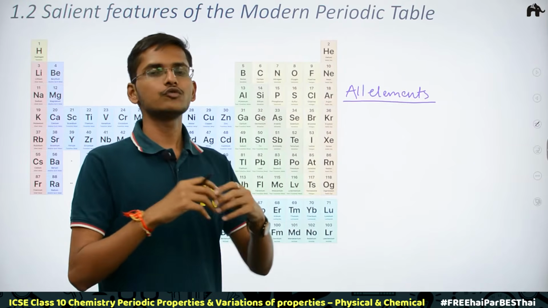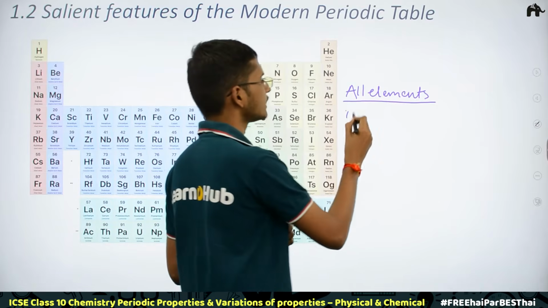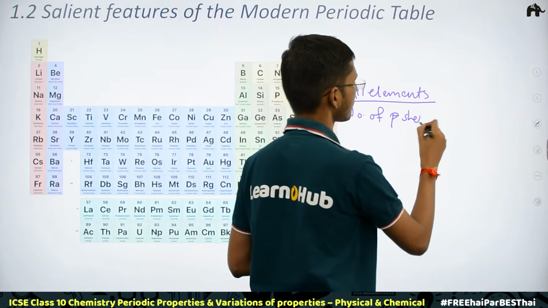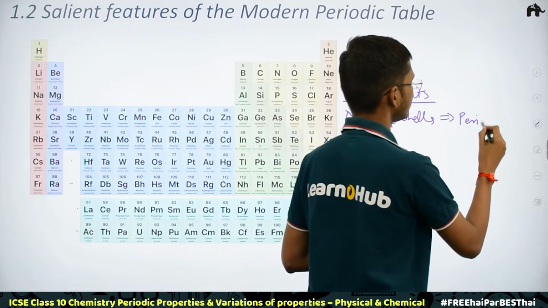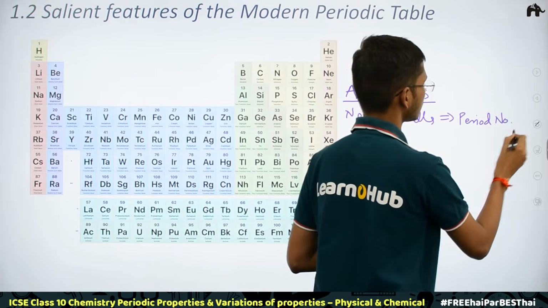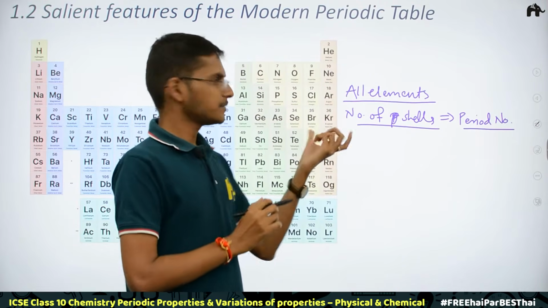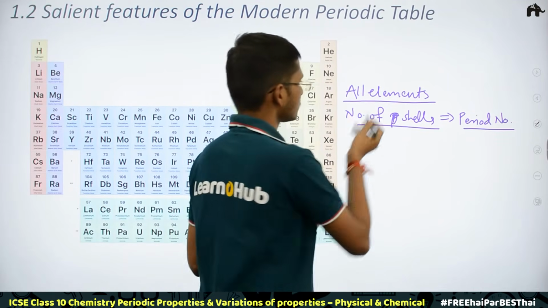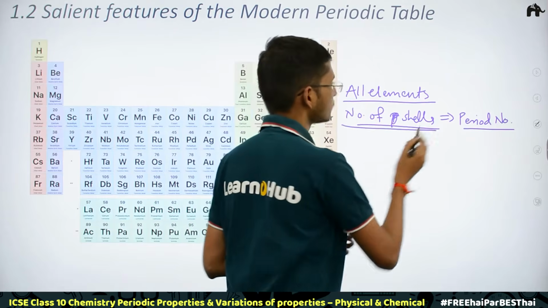So you would just find out the number of shells from the electronic configuration and then you would get the period number. So I will write here: number of shells is equal to period number for all elements. We are concerned right now with S and P block, no need to go into D block and F block, so it is true for S block as well as P block.